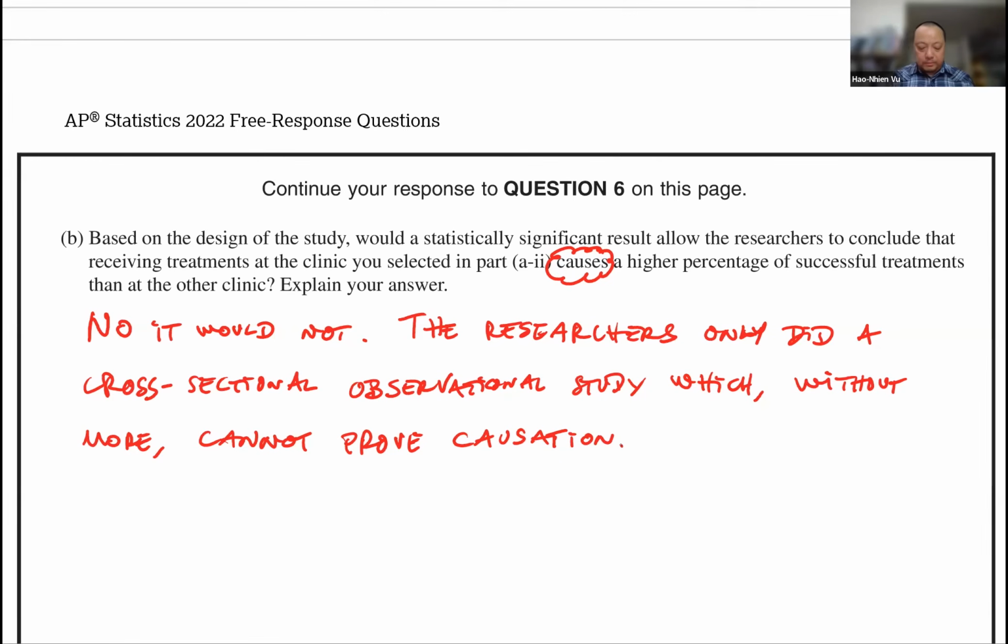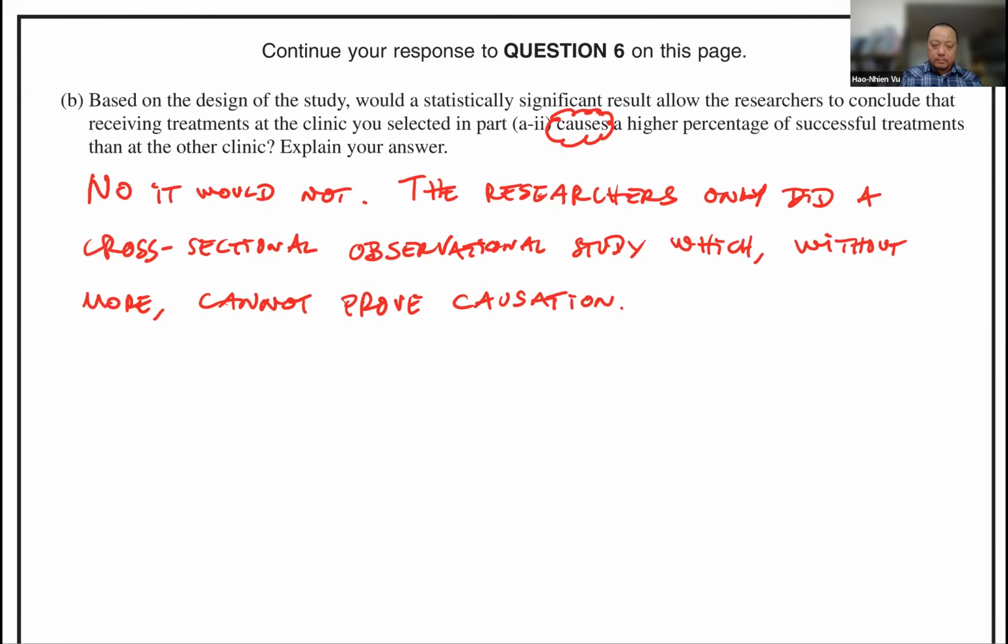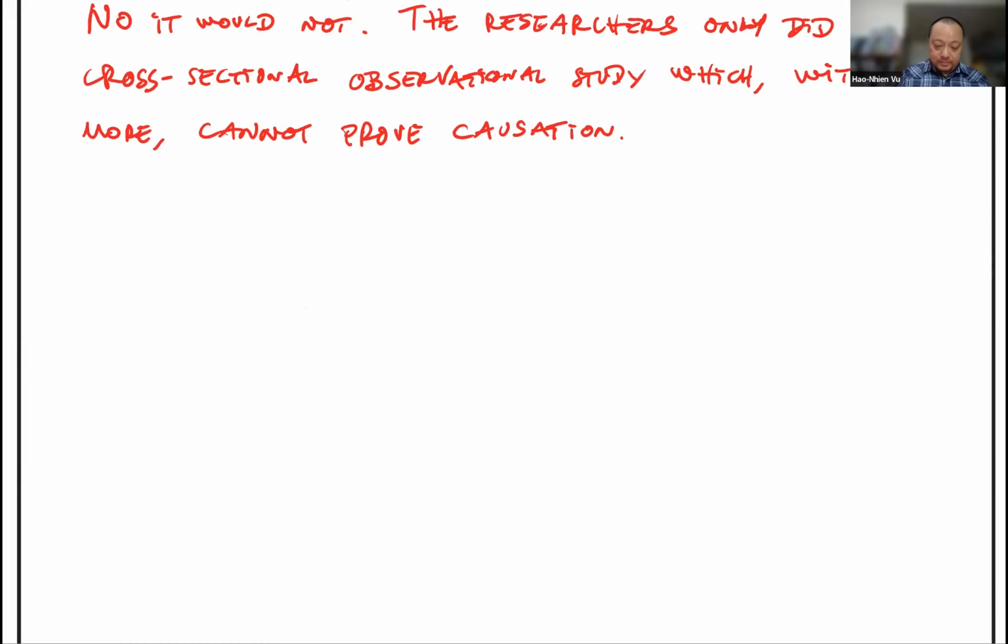Period. When we're in first-year statistics, we only know one way of proving causation, and this isn't it.